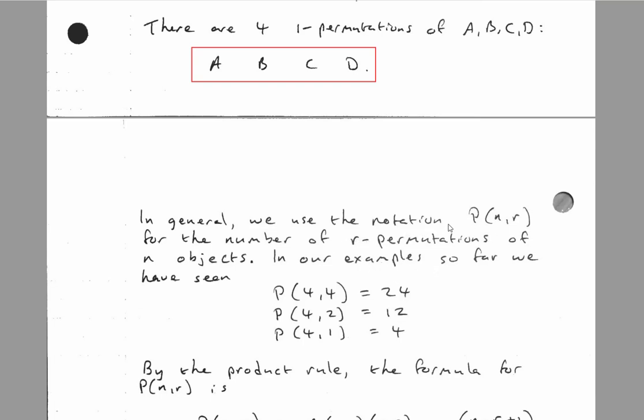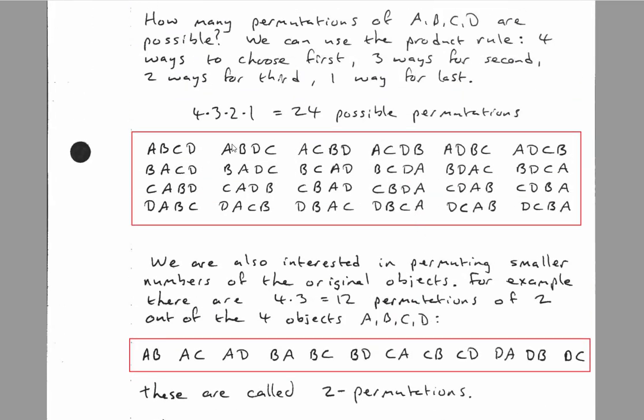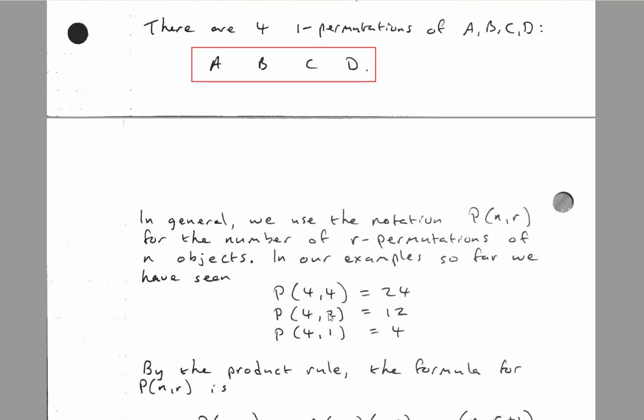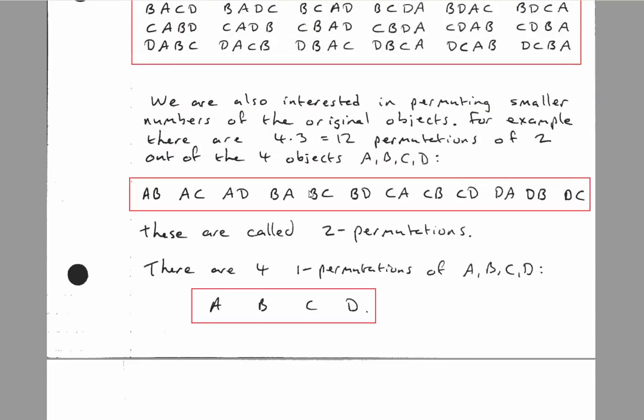In general, we use the notation capital P(n, r) in parentheses for the number of r permutations of n objects. So far we've seen P(4, 4) is 24. So these are all the 4 permutations of 4 objects. P(4, 2) is 12. 2 permutations of 4 objects.